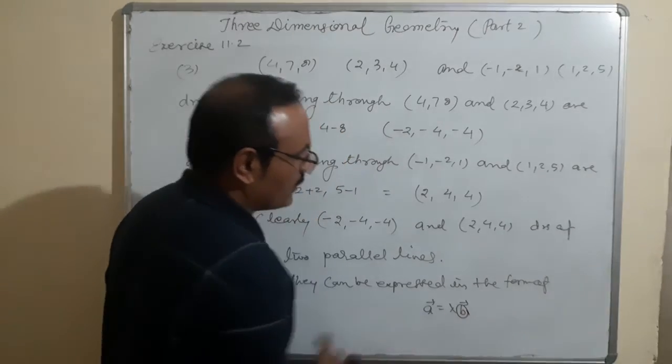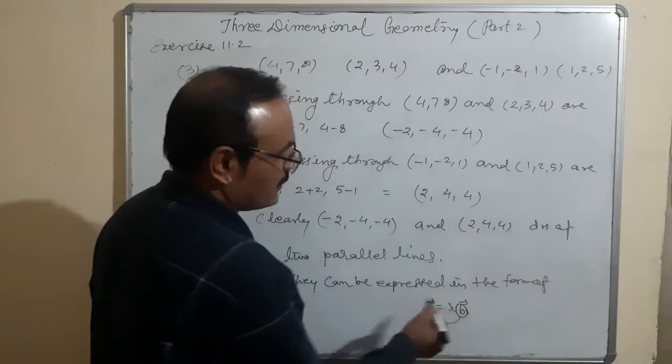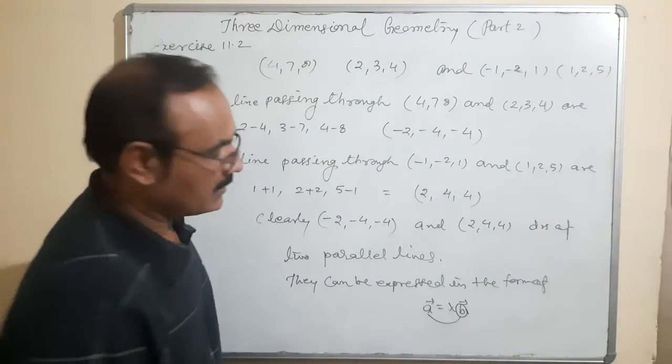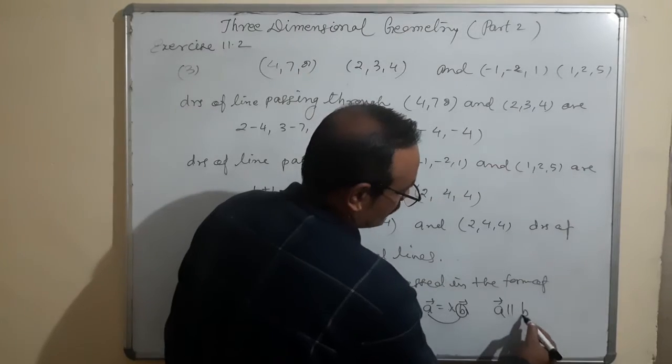Vector A is equal to lambda times vector B, where lambda is -1, right? Or we can say that vector A is parallel to vector B.